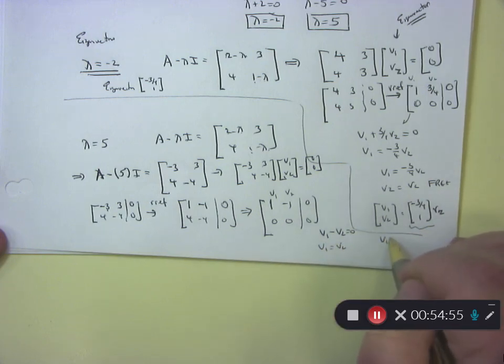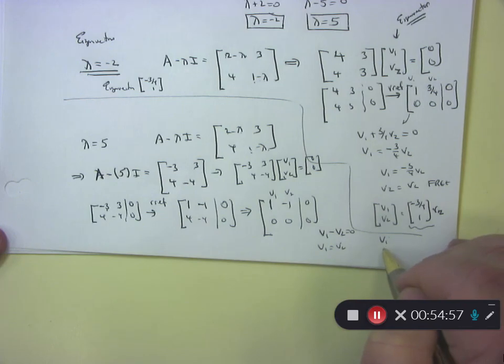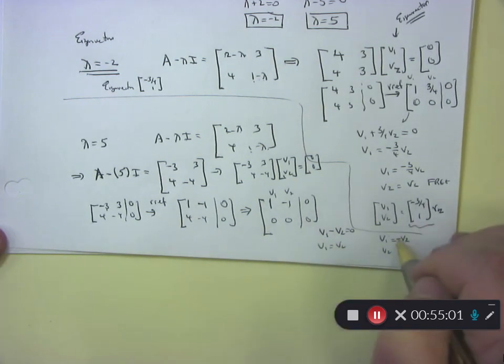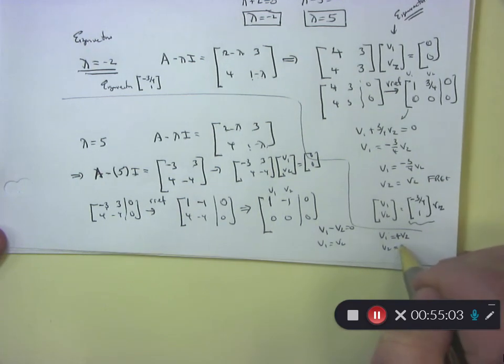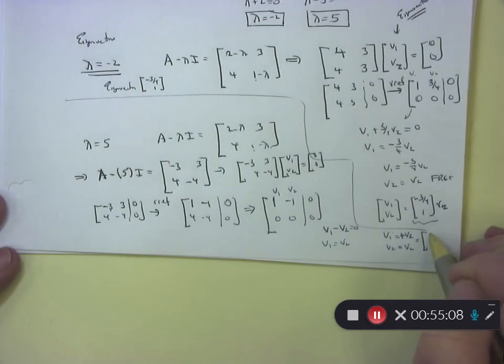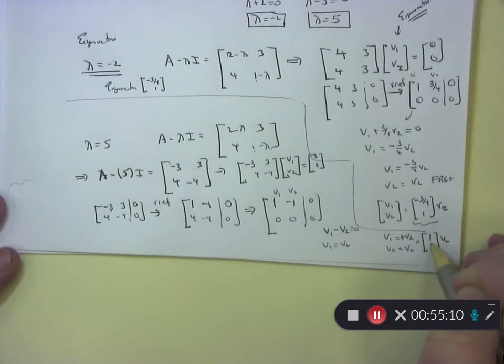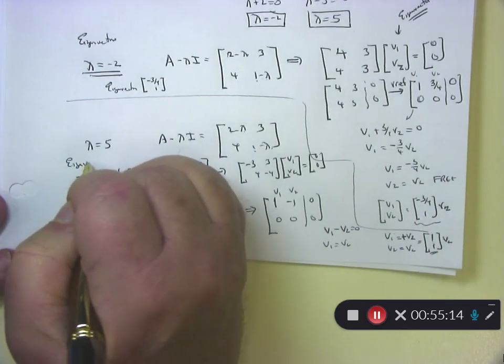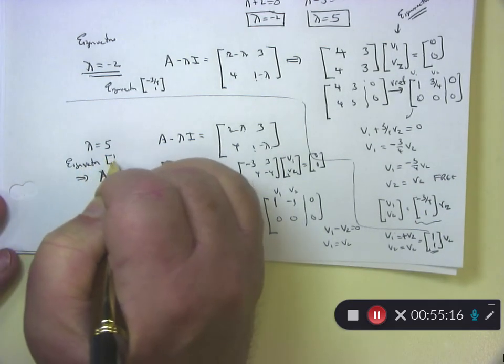So if I write as an equation, V1 is equal to V2, and V2 equals V2 because it's free. Factor out the V2, you get 1, 1 times V2, and therefore you get the eigenvector, in this case, 1, 1.